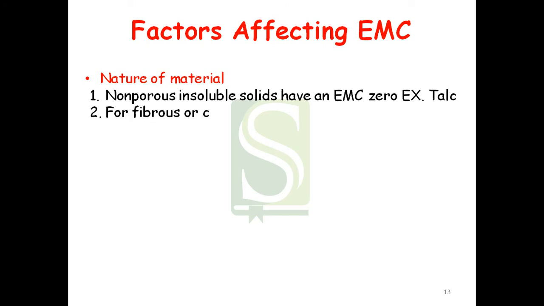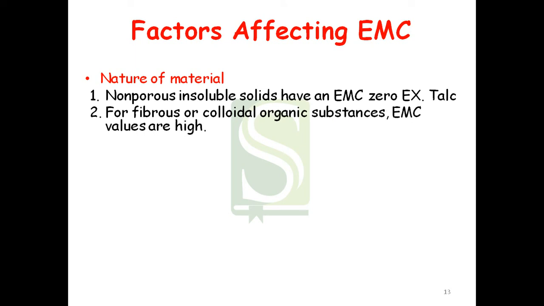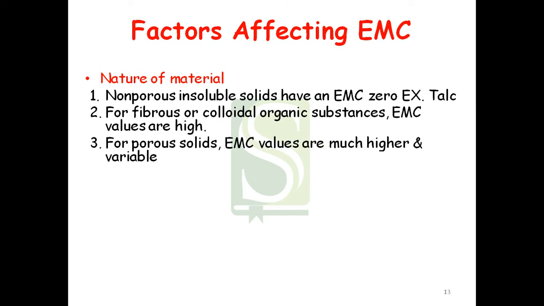For fibrous or colloidal organic substances, the EMC values are high and variable. For porous solids, the EMC values are much higher and variable. The water may be held in fine capillaries that have no access to the surface. The dissolved solid may reduce the vapor pressure, and water may be molecularly bound in this case.